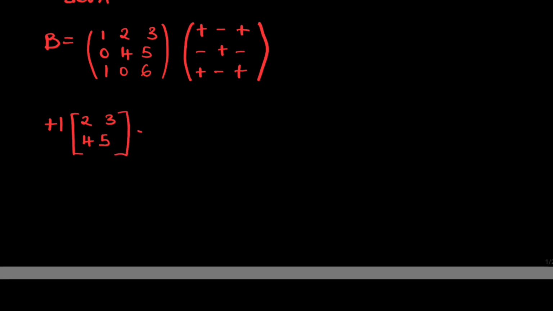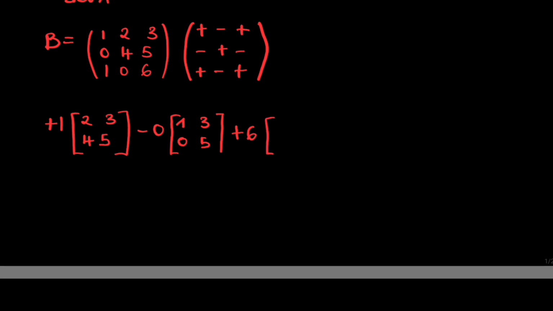Now we take the next, which is 0. It has a minus sign, so minus 0. Let's delete its row and its column. What is left? 1, 3, and 0, 5. The next number is positive 6.